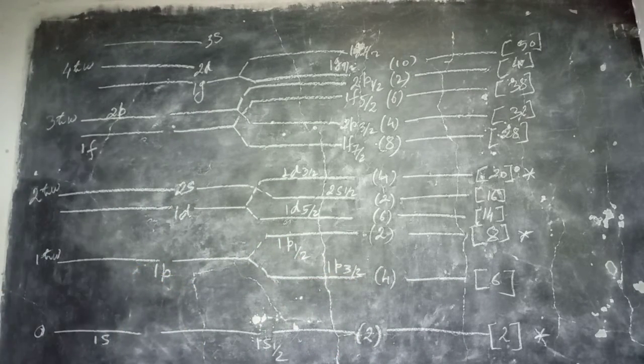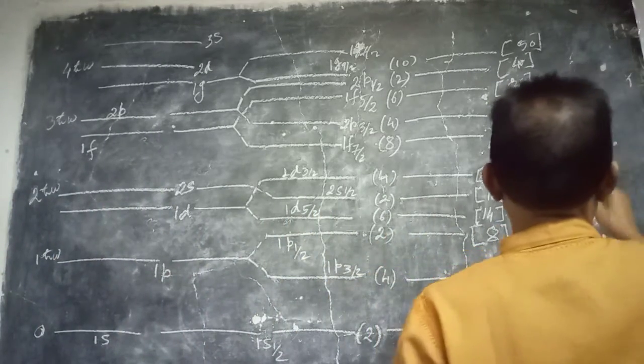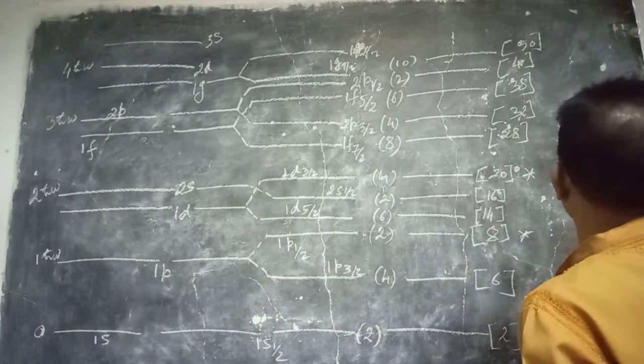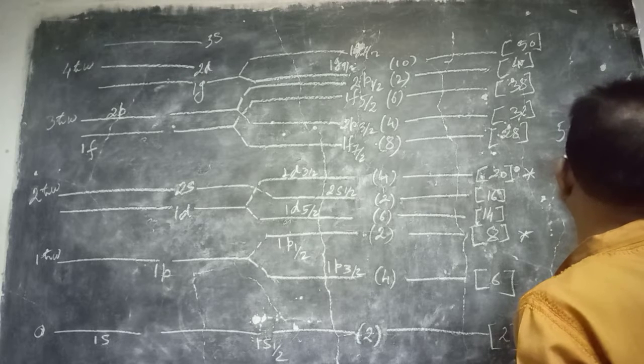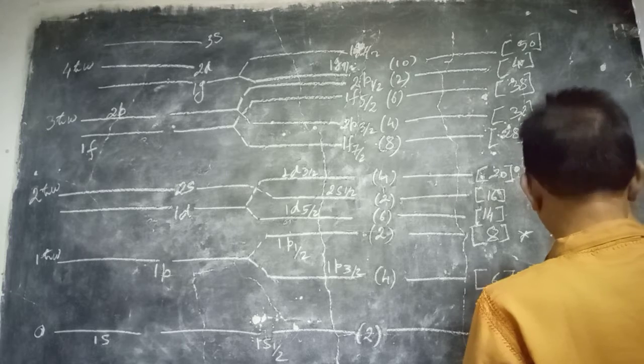Then after that you get 5ħω. When the 5ħω level comes, here you get 1h, 2f and 3p.